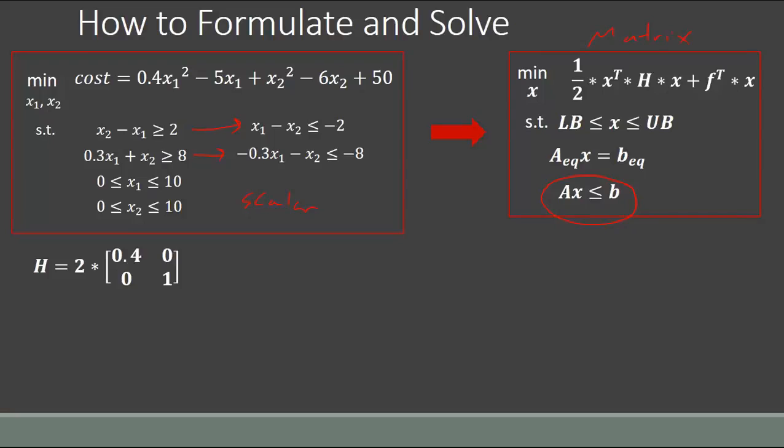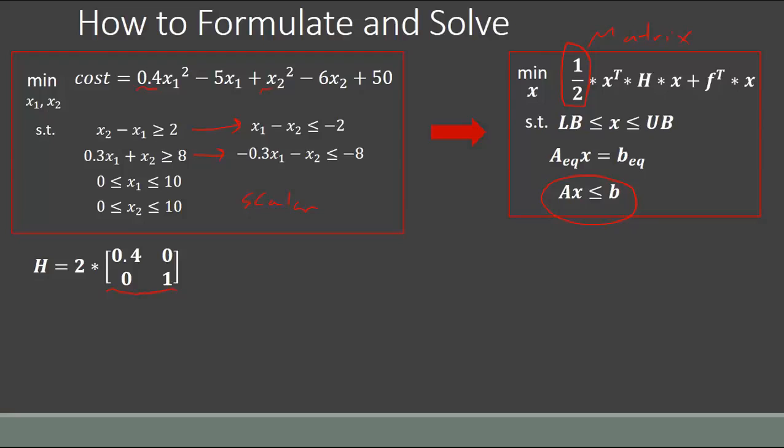So we do that carefully so we can define our H matrix. We take these coefficients, so 0.4, and then there's a coefficient of 1 in here, and we put them into this H matrix. So there's a little trick here. Remember that our QP solver is going to require this to be in this form, so it's going to automatically take half of whatever we put in.